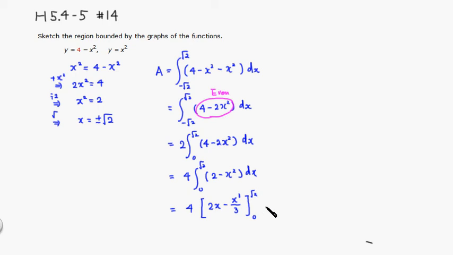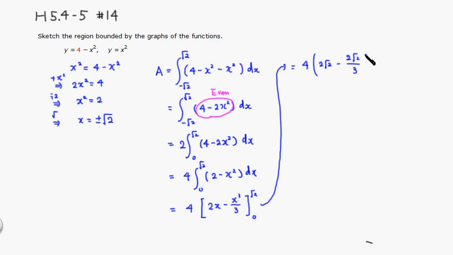So we have 4 times, and then plug in square root of 2, so it's 2 square root of 2. Plugging in here, square root of 2 cubed is 2 square root of 2 again, so it's minus 2 square root of 2 over 3. If you plug in 0, it's minus 0.